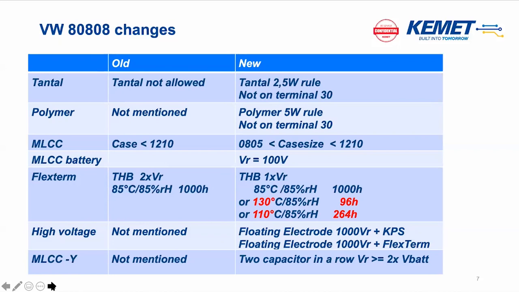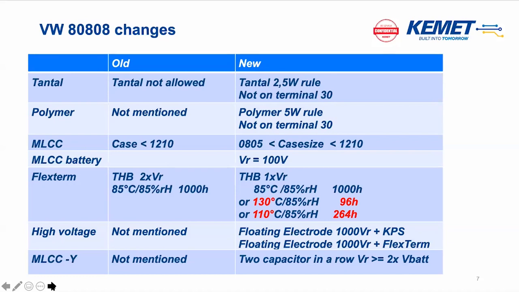Right now it's reduced to 1 times rated, which will relax the situation a little bit. And from this 1,000 hours testing, when you increase the temperature, you can go to less testing time, that means 96 or 264 hours, which allows you to test more parts in the same time. I was a little bit surprised, honestly, but now it's fact.